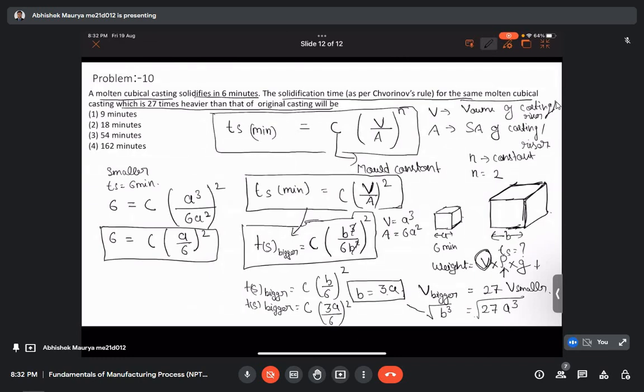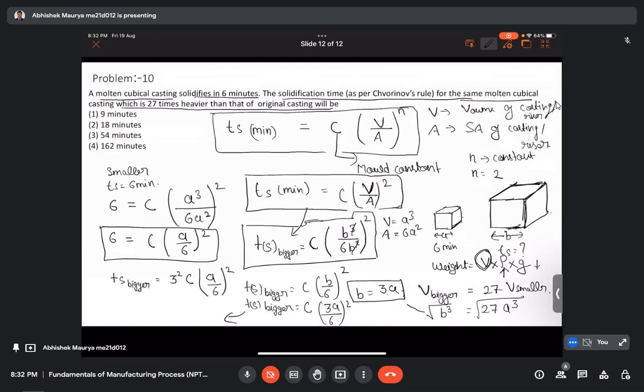Or what I can write, Ts of bigger is equal to 3 squared, I bring the 3 square out of this parenthesis, then what we are left with is 3 square times C multiplied by A by 6 to the whole square.